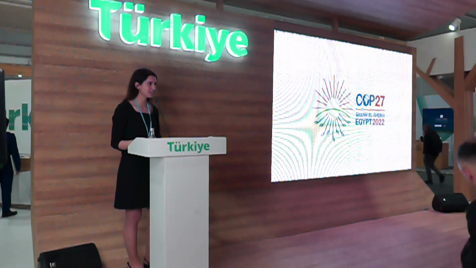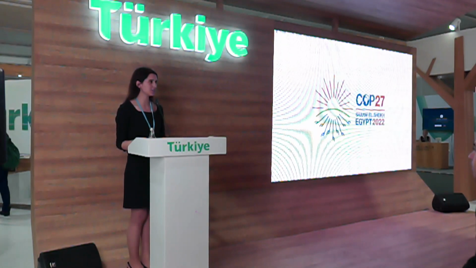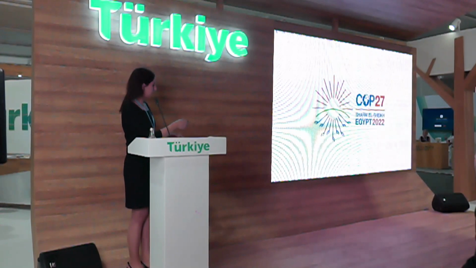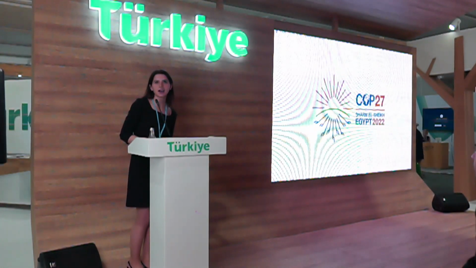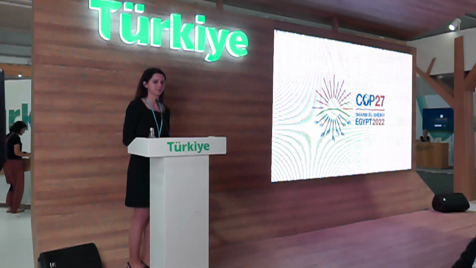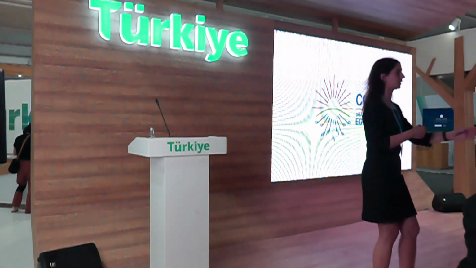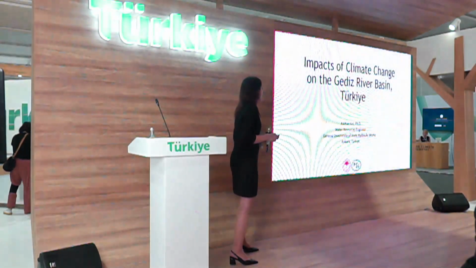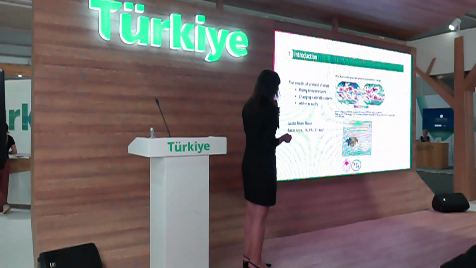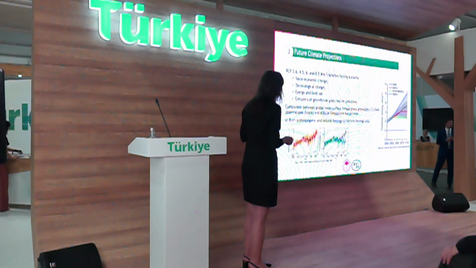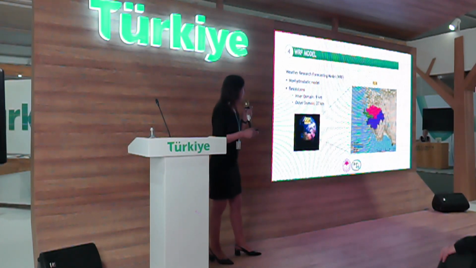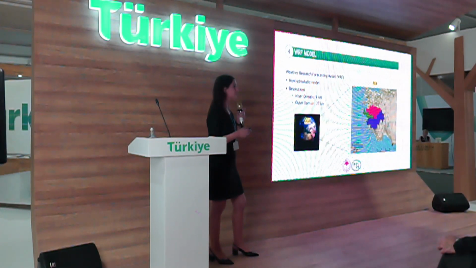Thank you for the questions. For the first question, if I wasn't very clear, sorry for that. Can I go back to the slides, please? Maybe I wasn't very clear, but the WRF model uses dynamical downscaling techniques.